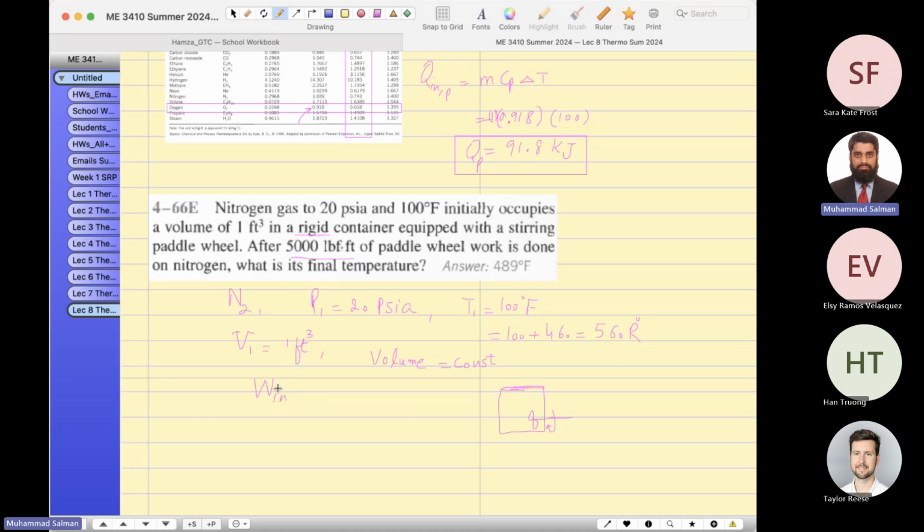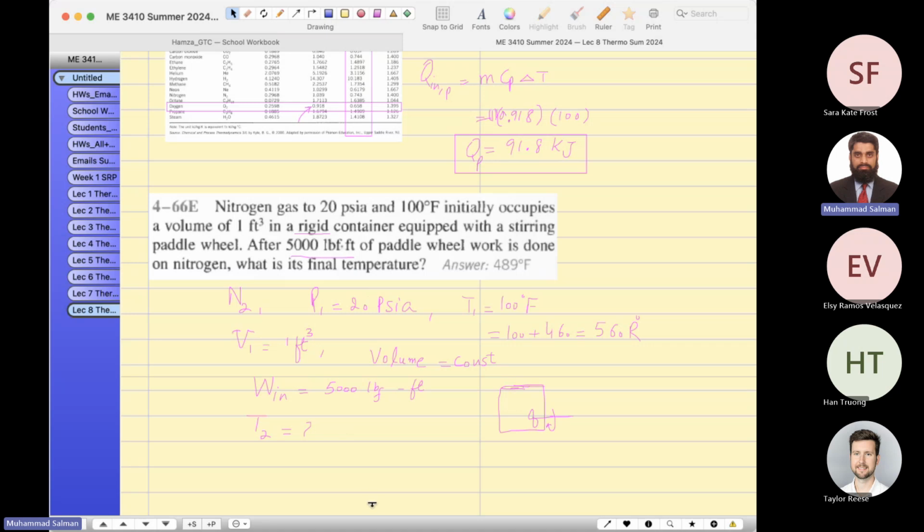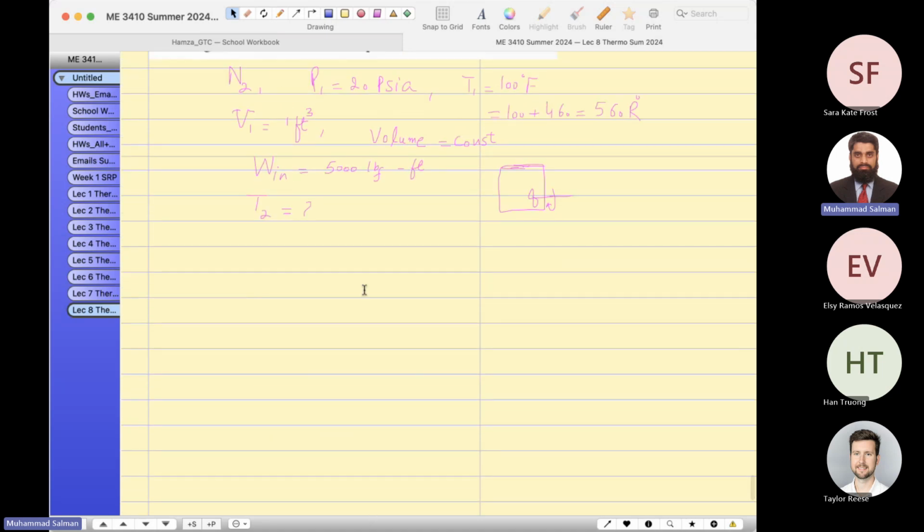W going in, paddle work, in pound force foot. What is the final temperature? So we want to find the final temperature in this case. How would you find this out?